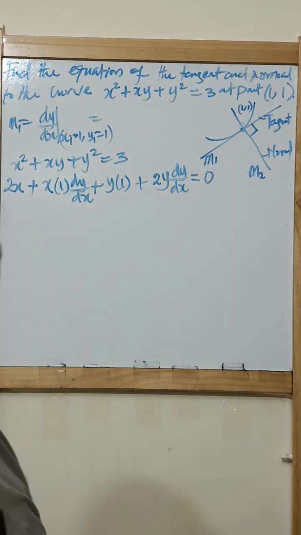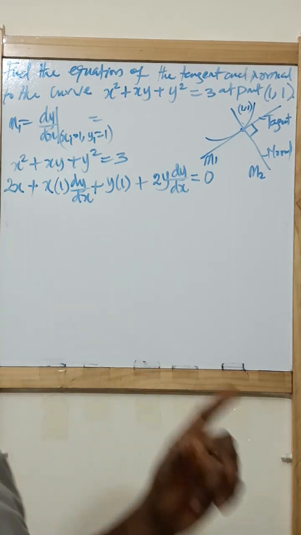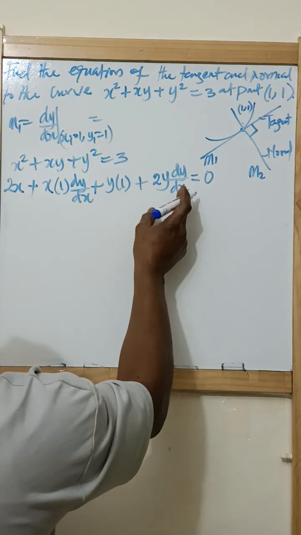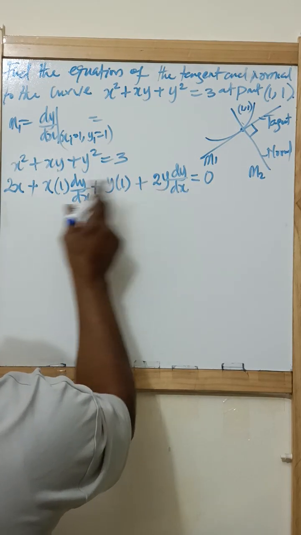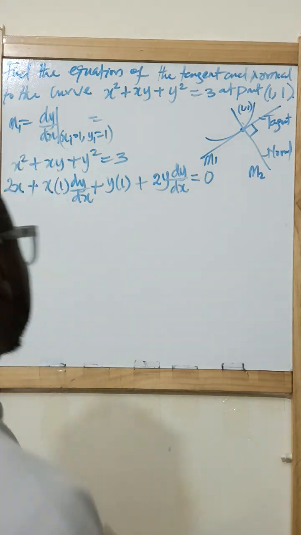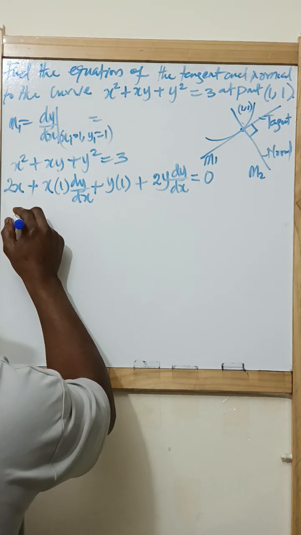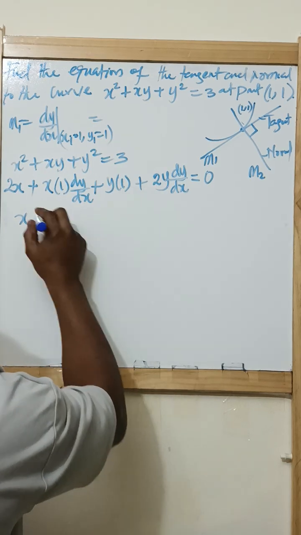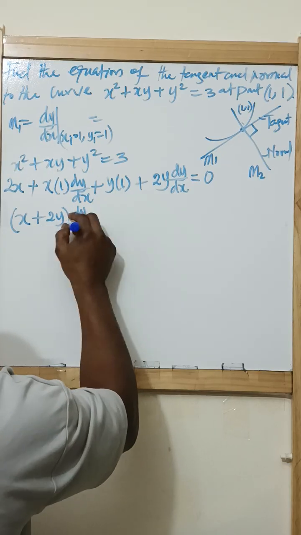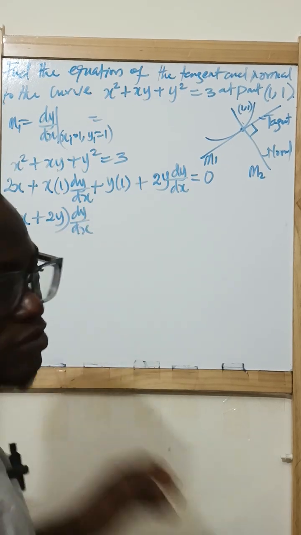Okay? So having done this, we now factorize out the dy/dx. So this y term and this one, bring them together. The other terms will go to the other side of the equation, right? So that will be x plus 2y, together with the dy/dx factorized out.